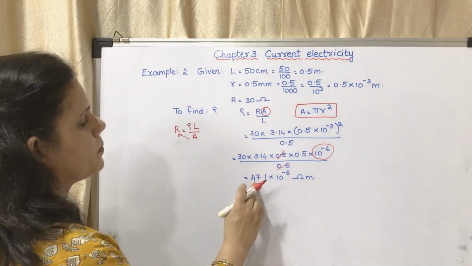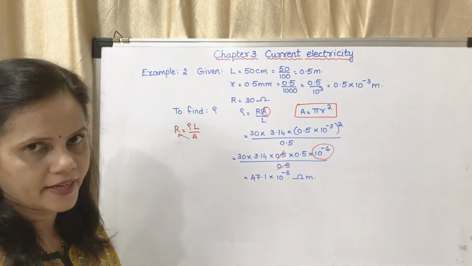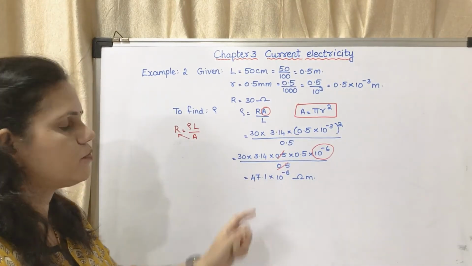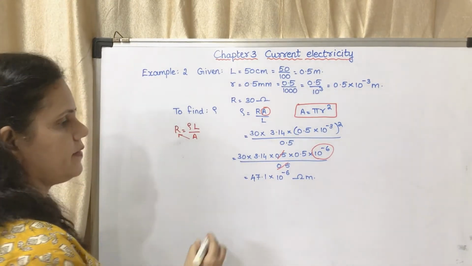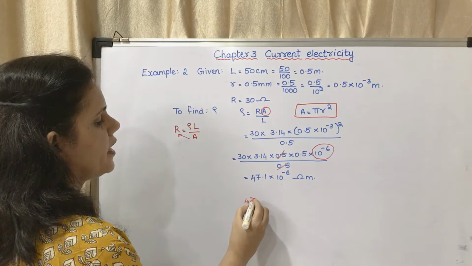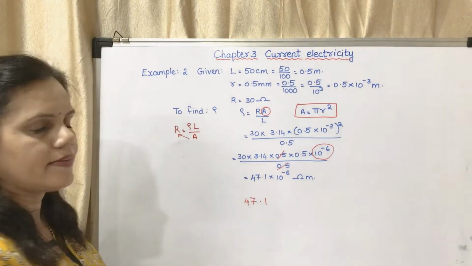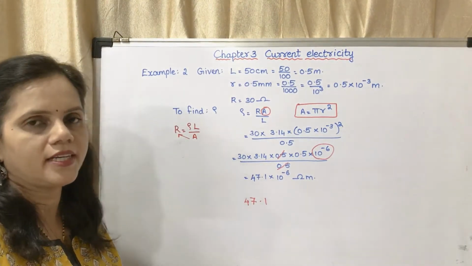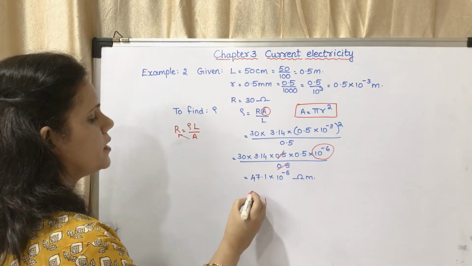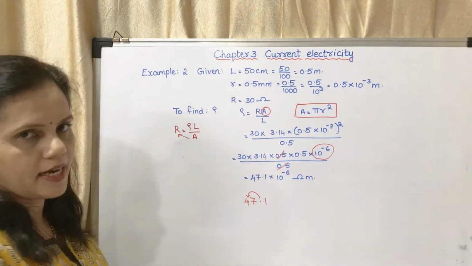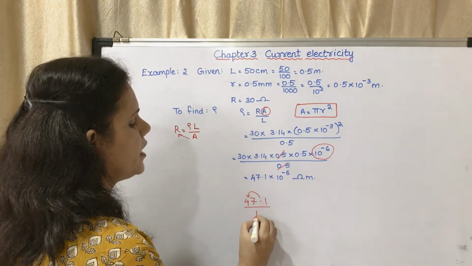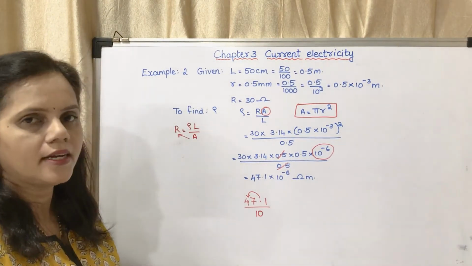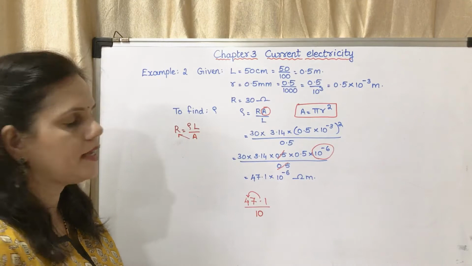That means I have to make this 4.71. To convert 47.1 into 4.71, I have to bring this point towards the left, so I have to divide it by 10.